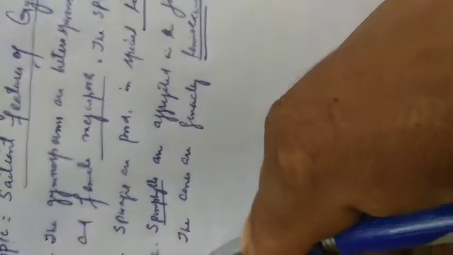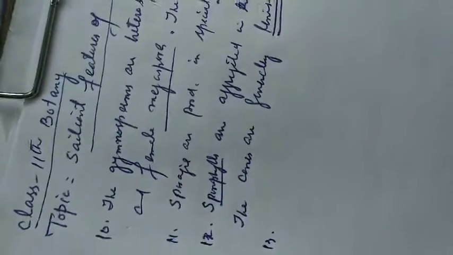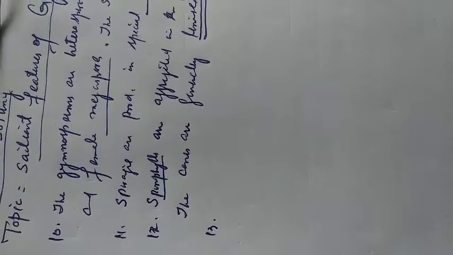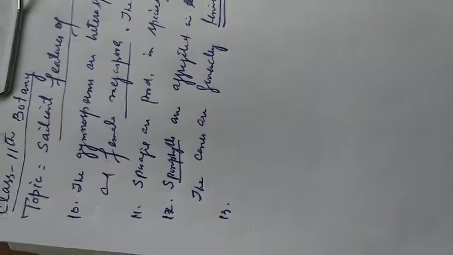Number 13, the gametophytic generation is much more reduced. Female cones produce female gametes and male cones produce male gametes.